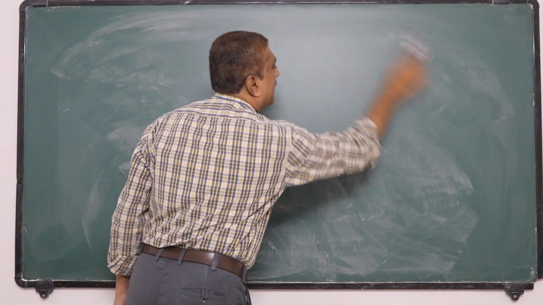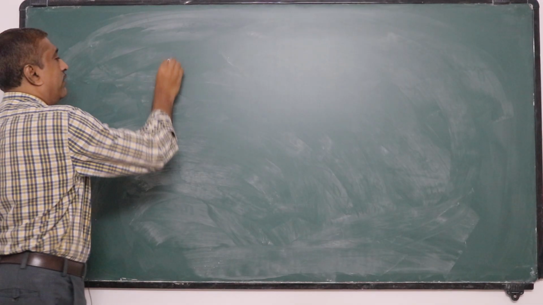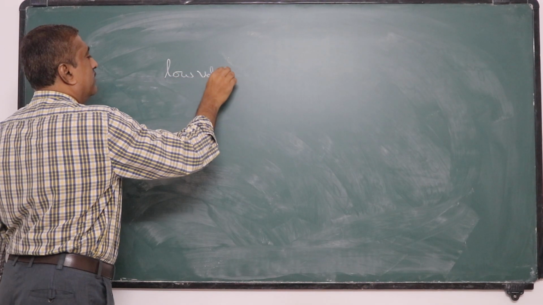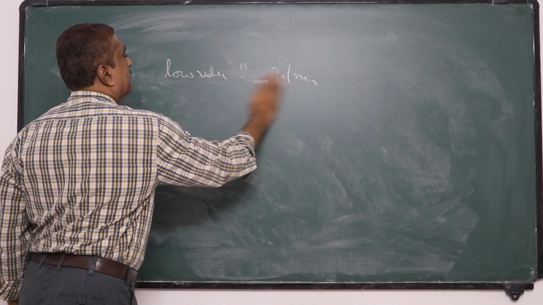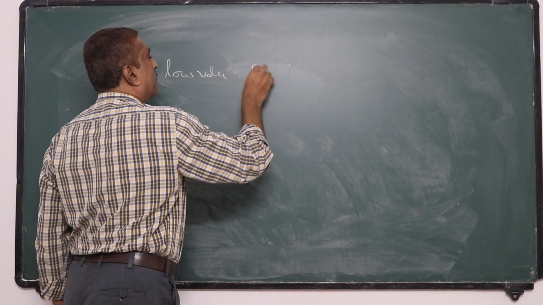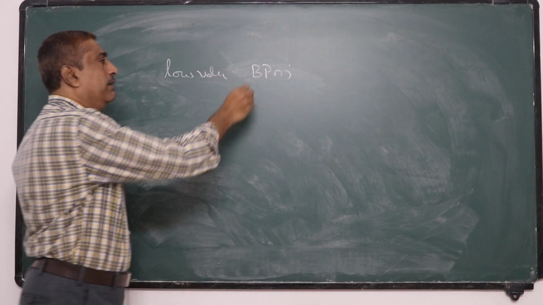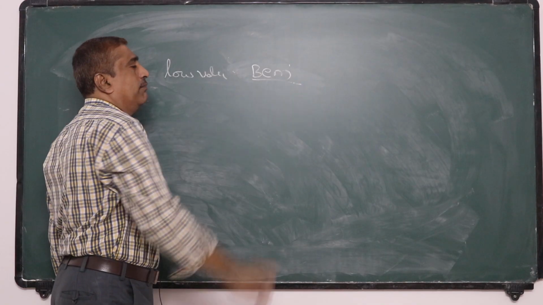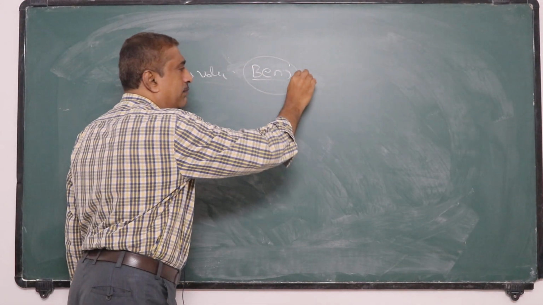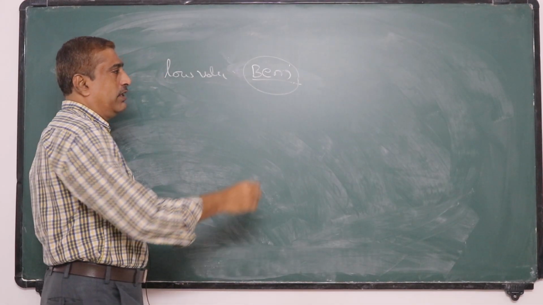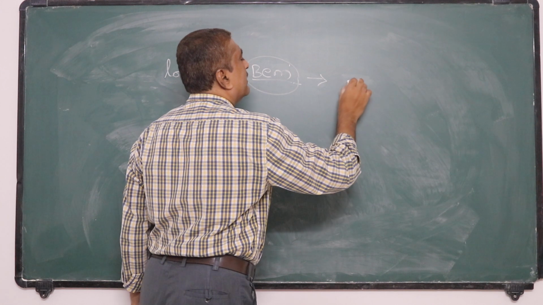If a nucleus has a lower value of binding energy per nucleon, BEN, then that particular nucleus is unstable or less stable.